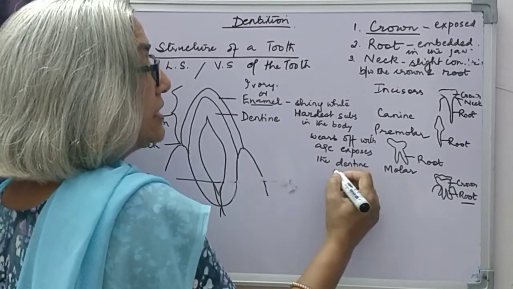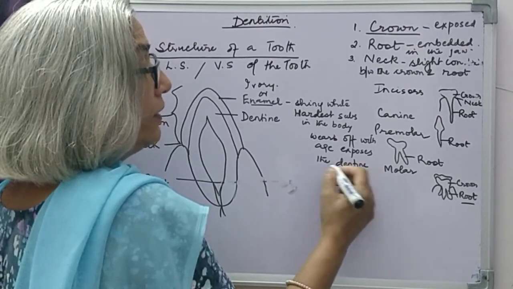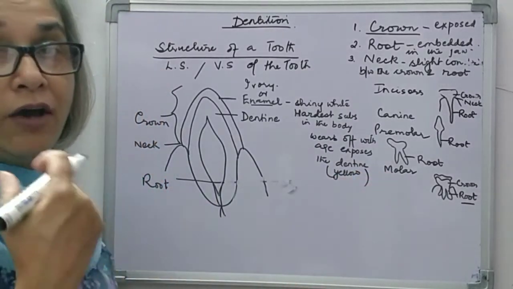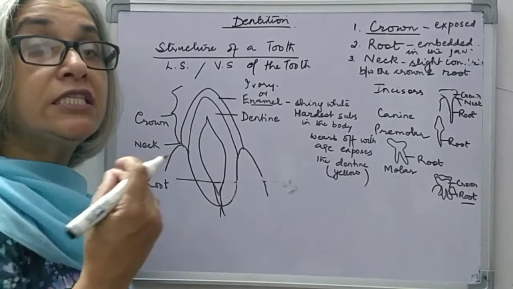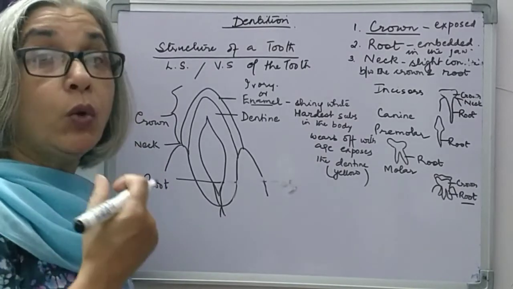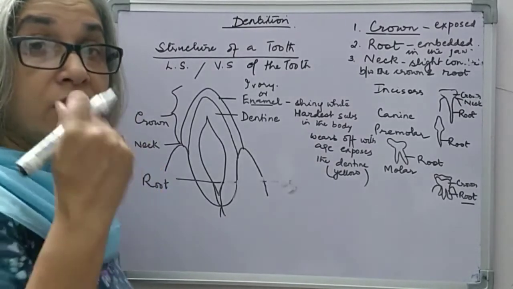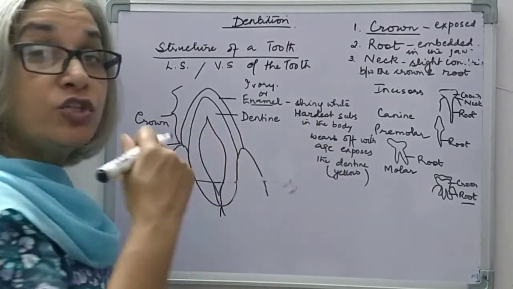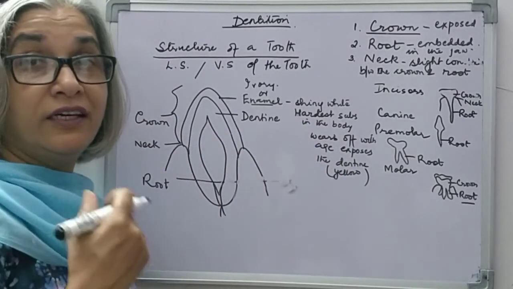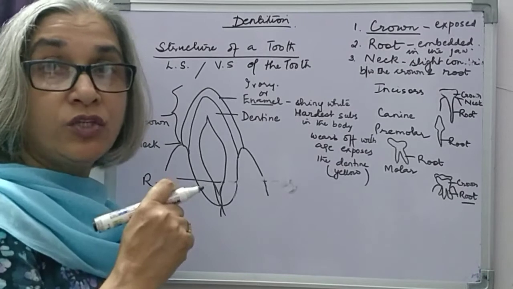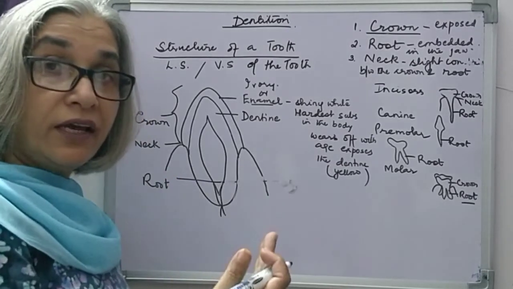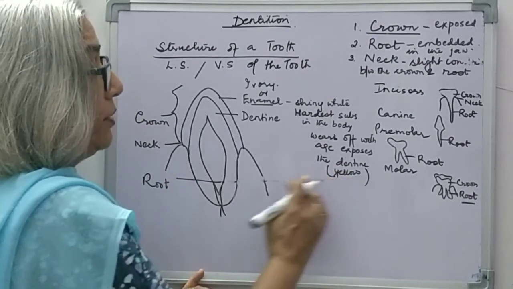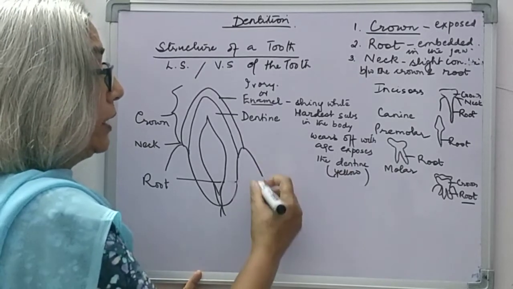Dentine is yellow in color. That is why after a certain age, the teeth start becoming yellow. When the enamel wears off with brushing and the dentine is exposed, the teeth appear yellow in color.